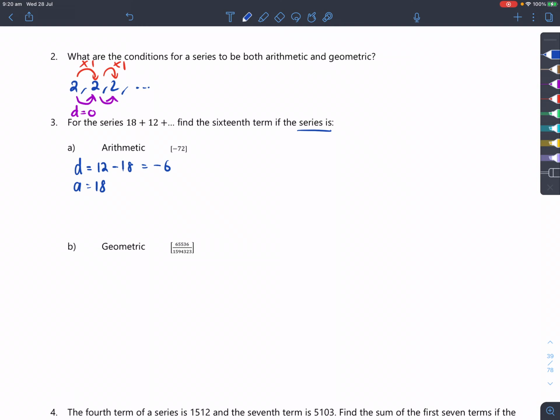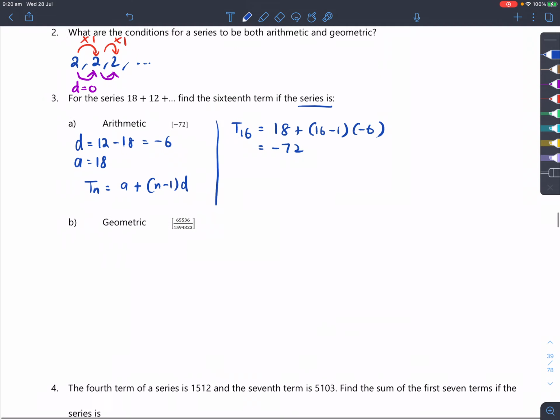And if we find the 16th term, well, we have to revise our formula for Tn in this case, which is A plus (n minus 1)d. T16 will be 18 plus (16 minus 1) times minus 6. Now, 18 plus 15 times minus 6 will give us negative 72. Okay? And that's how it is when it's an AP.